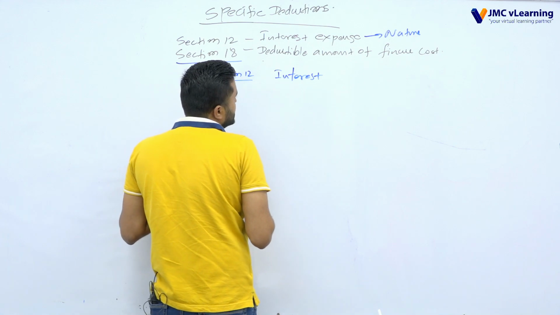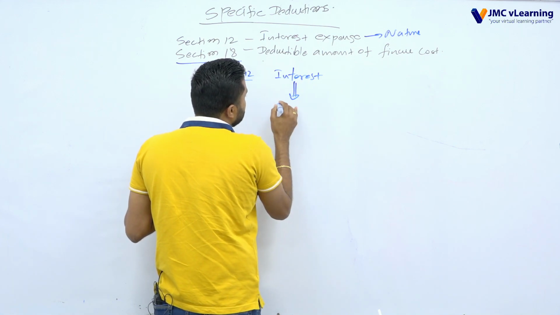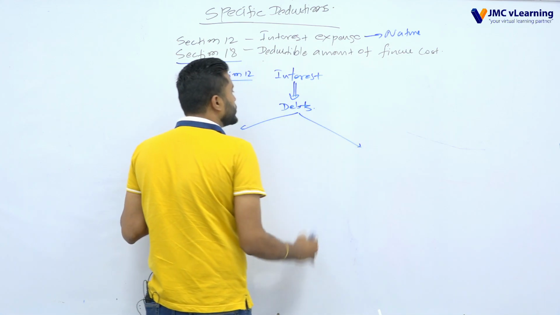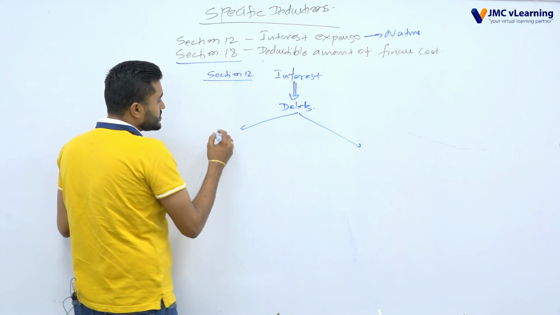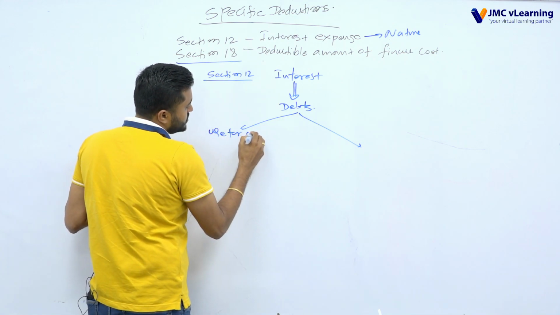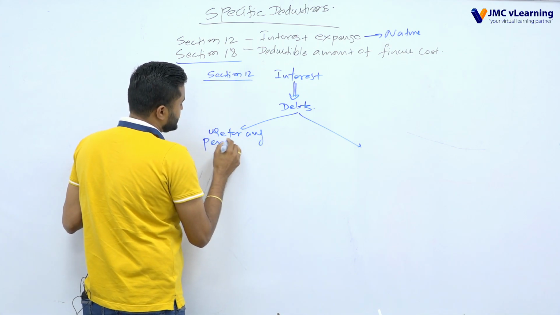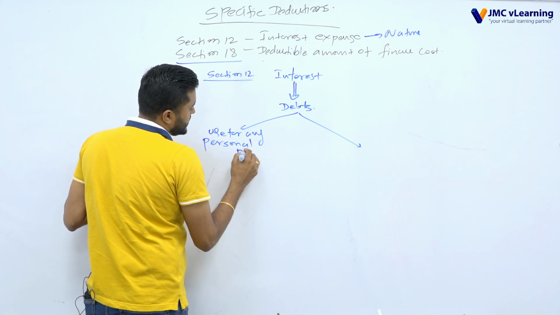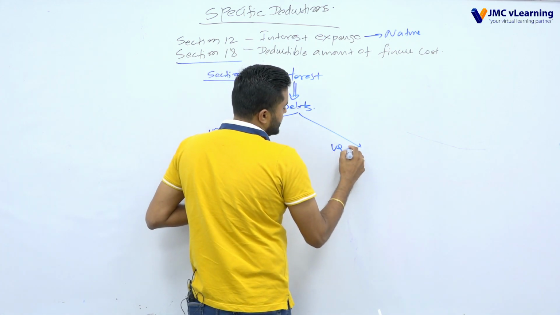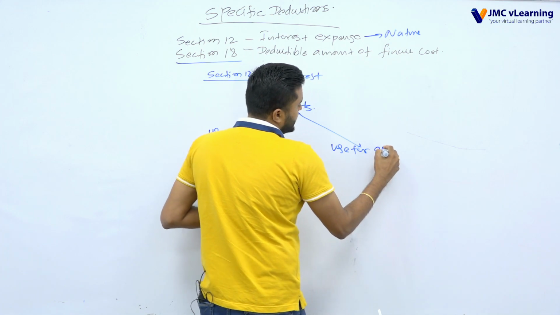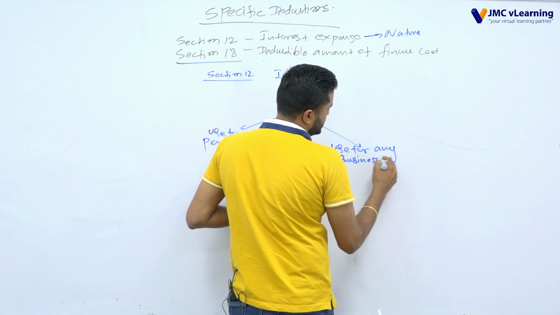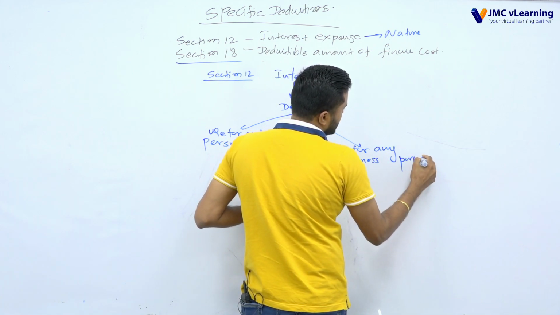Interest expense arises because of debt or loans. Debts can be taken for two purposes. One is personal purpose. The other is business purpose.